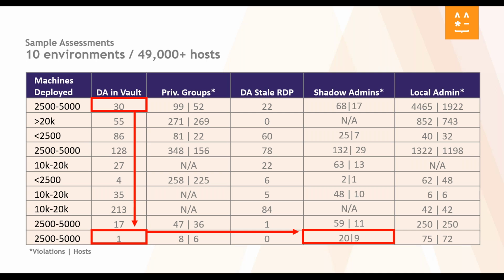As a matter of fact, it may have all the privileges of a domain administrator, but they're not actually being monitored the way we monitor the privileged groups themselves. And so in this case, this organization had 20 different instances of shadow administrator accounts operating in the environment on only 9 different hosts.